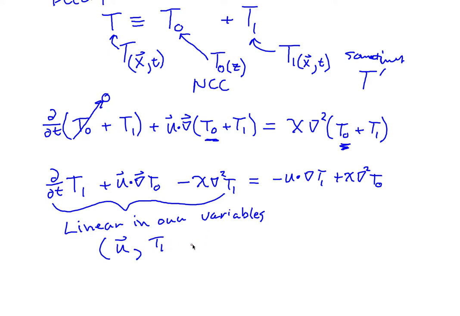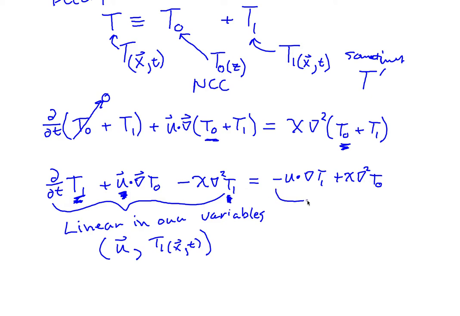These are the things that depend on both position and time in our system. And these terms are all linear. The time derivative has one appearance of a variable, our advection term has one appearance of a variable, and our Laplacian term has one appearance of a variable.